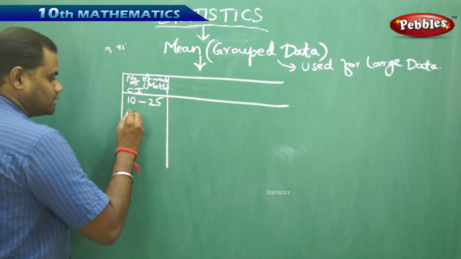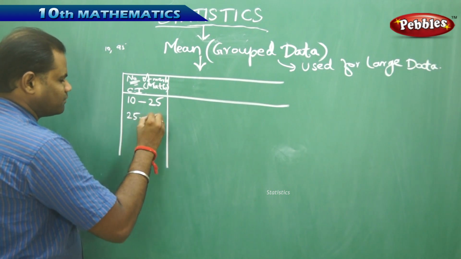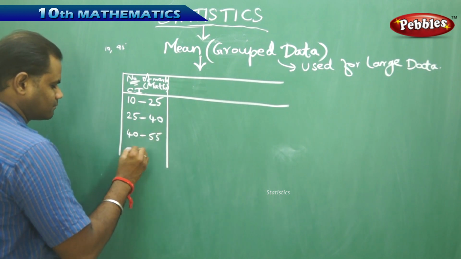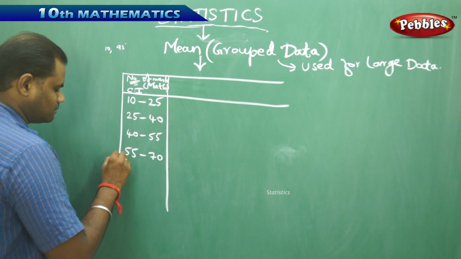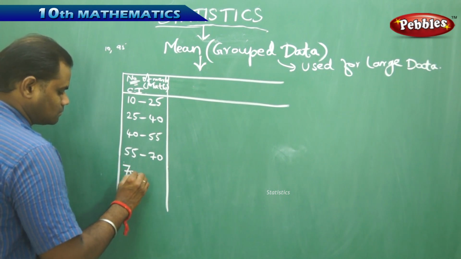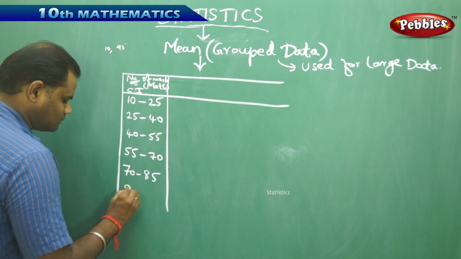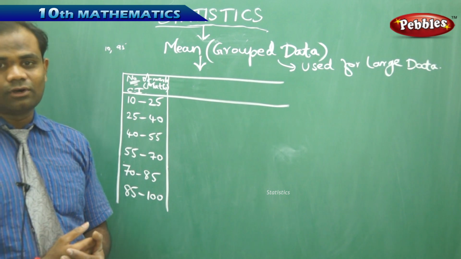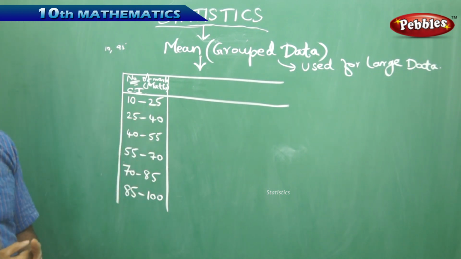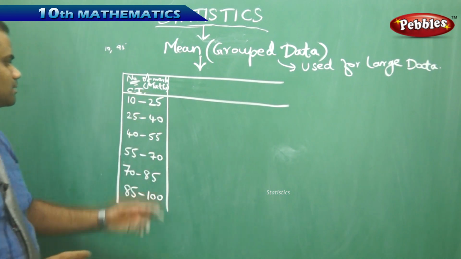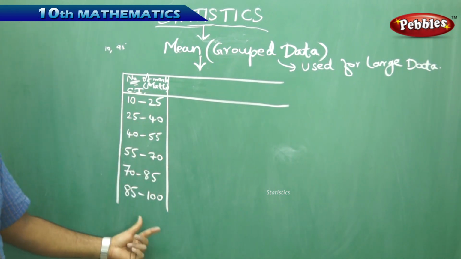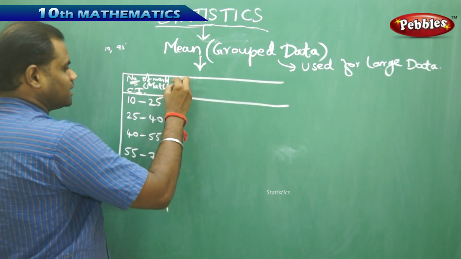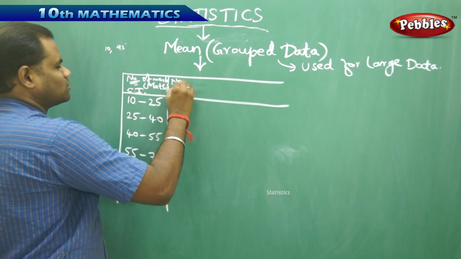So each of the class intervals is ranged in 15, that is 25 to 40, 40 to 55, to 70, 70 to 85, and 85 to 100 is how I get the range of 15 marks in each case. Therefore, my class interval, which is number of marks, is ranging between 10 to 25, etc. Next, let me take the number of students, which is the frequency.